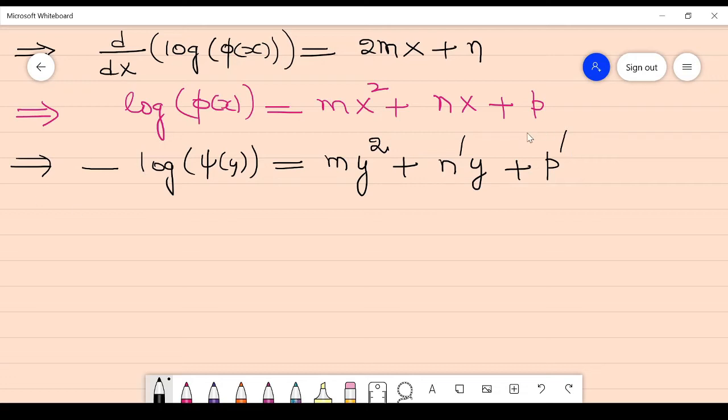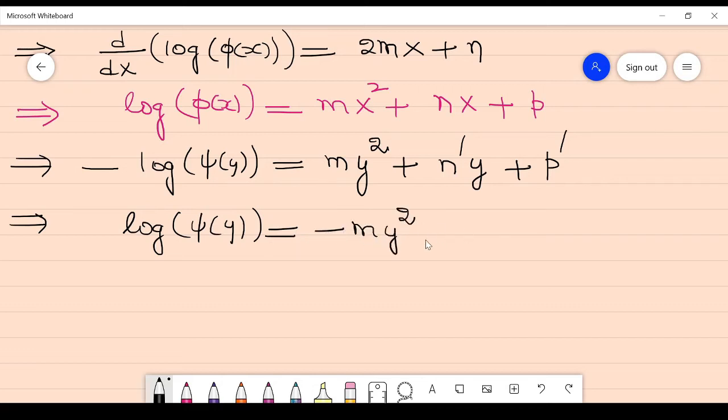Similarly I write this equation this way. So this value of log of ψ(y) can be written by multiplying by minus: minus my square minus n dash y minus p dash.